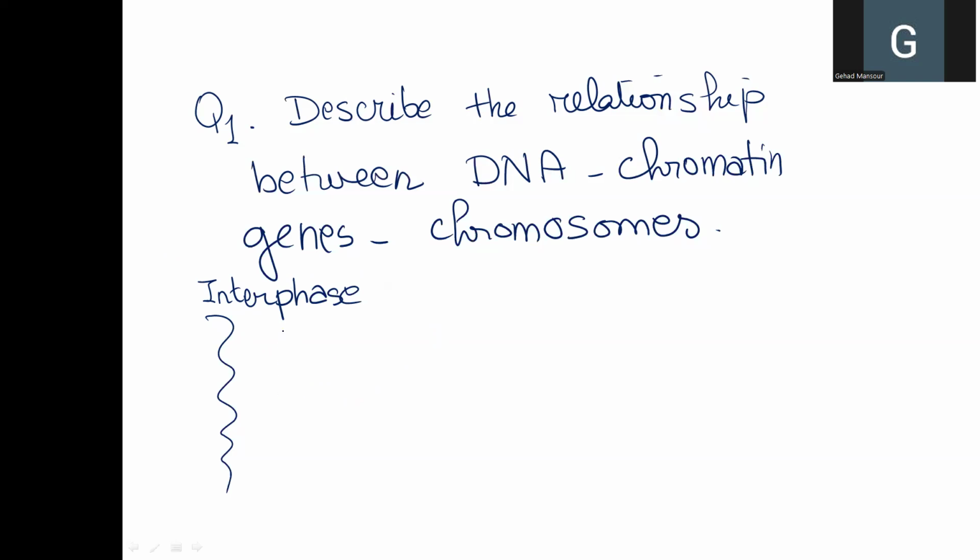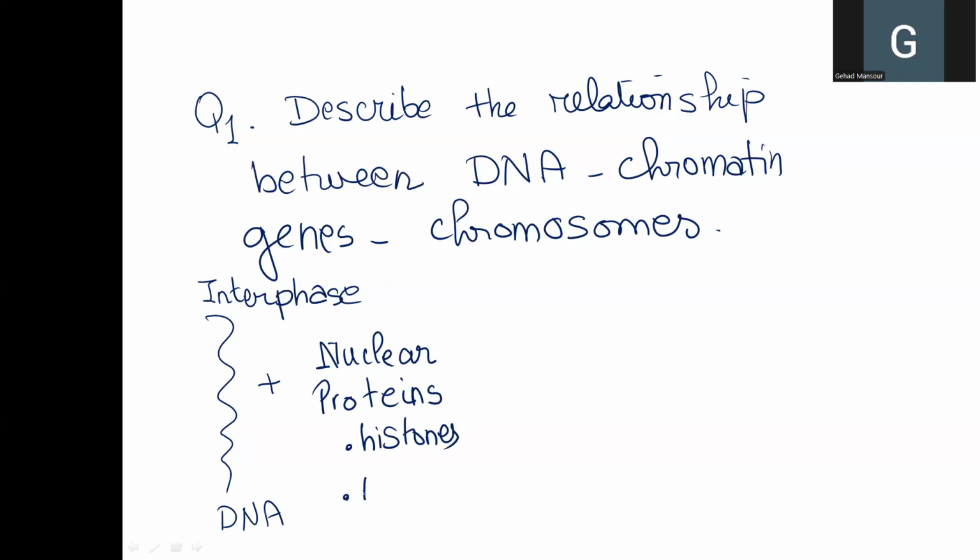Chromatin means that in the interphase, there is binding between the DNA molecule and the nuclear proteins, as we will see in detail after this over the 3 presentations. The nuclear proteins are of 2 types. We have the histones and the non-histones. So the DNA molecule is wrapped around the histones and the non-histones to form chromatin.